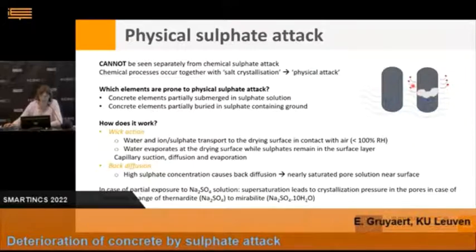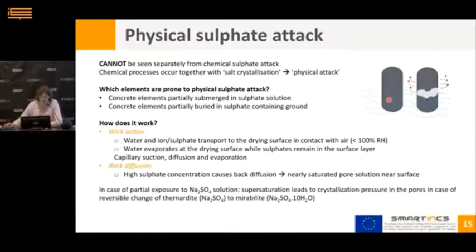Over here, as you can see with the blue arrows, excuse me. So then the water will evaporate, of course, here at the drying surface, while the sulfates, which cannot move together with the water vapor to the air, stay in the concrete surface layer.